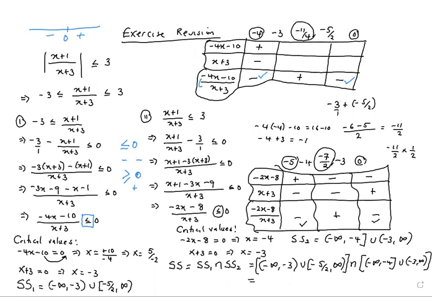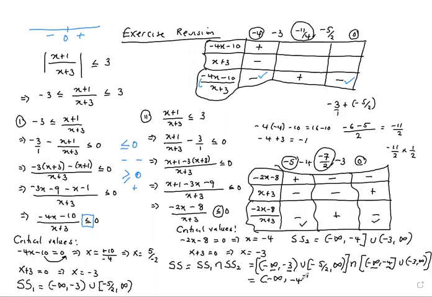Then you now need to get the intersection to form the whole solution set. So how do you get the intersection? Between -infinity and -infinity, we get the biggest, so it will just be -infinity. And between -3 and -4, we get the smallest, so it will be -4.